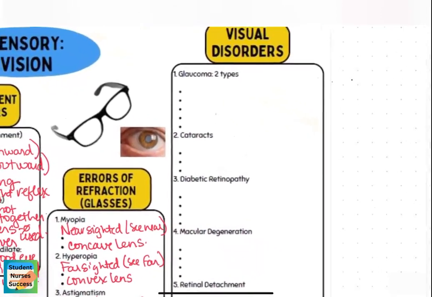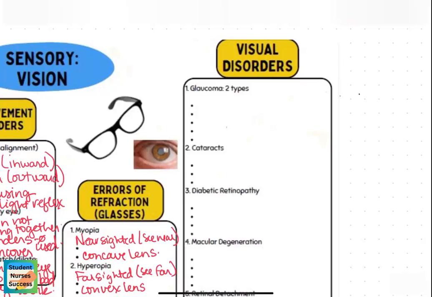Now let's talk about visual disorders. We're going to talk about 5. The first of which is glaucoma, and there are 2 types of glaucoma, chronic and acute. With glaucoma, it is the development of increased intraocular pressure that presses on the optic nerve.